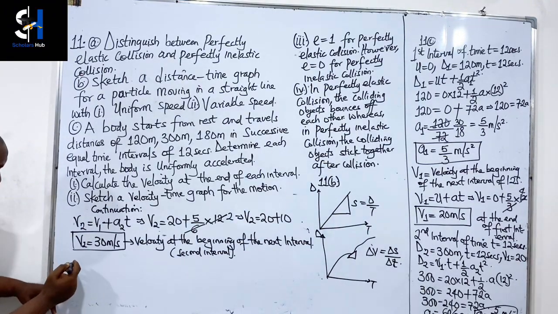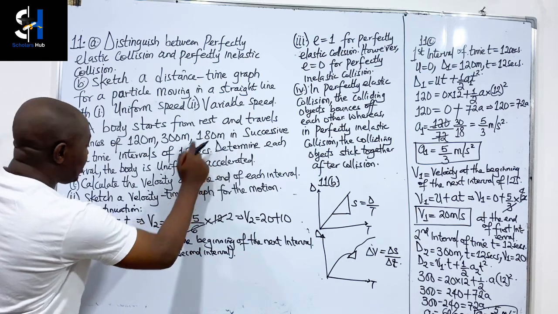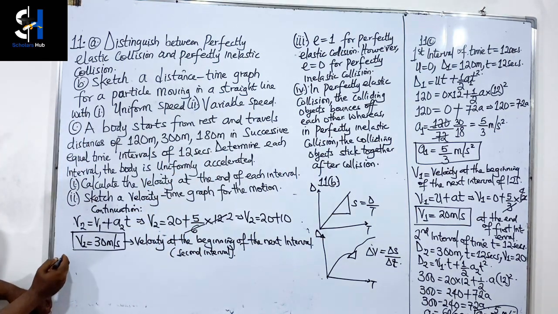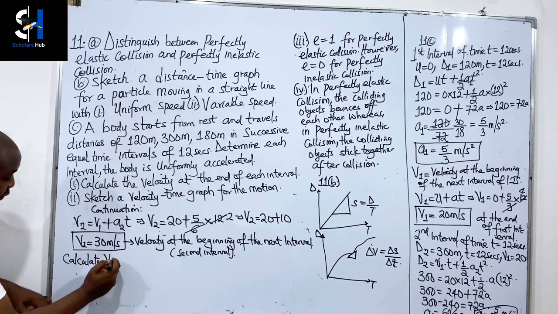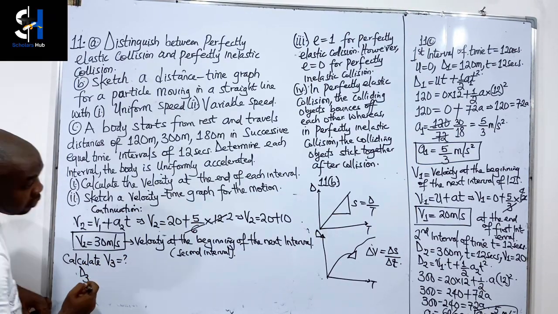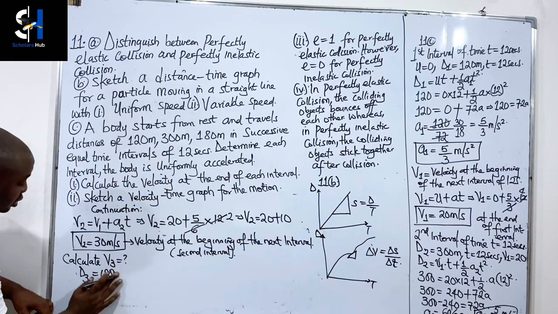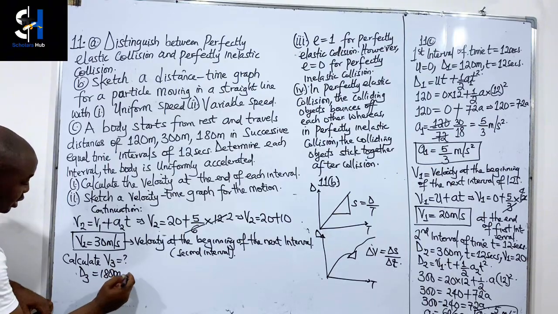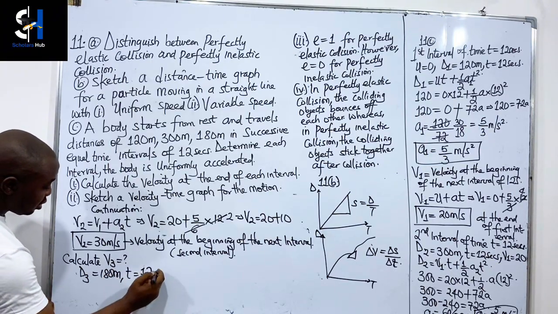To calculate v3, we have the distance of 180 meters. So we have d3 to be 180 meters, t equals 12 seconds.